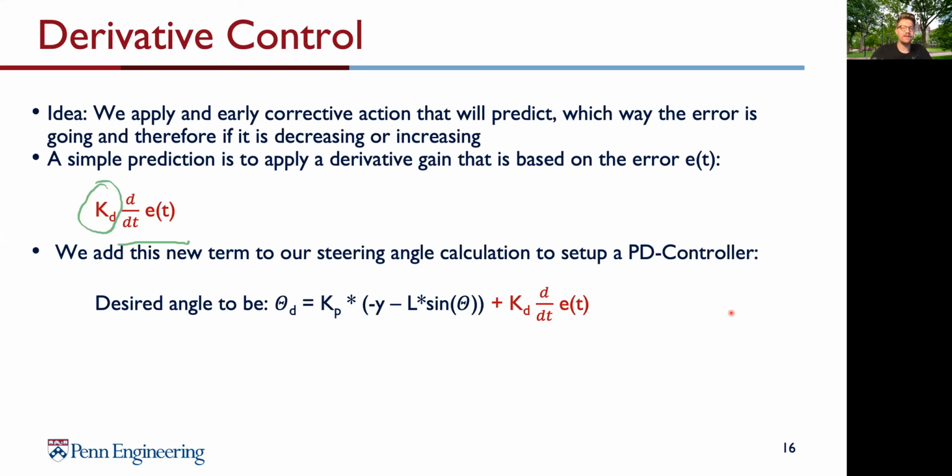So we add this new term to our steering angle calculation for our PD controller setup, which means we now advance our P controller to the PD controller and have integrated an additional parameter.